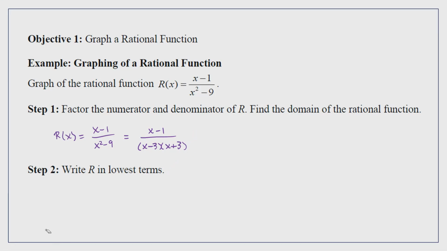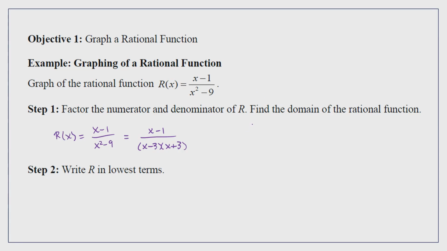The next part in this step is to find the domain of the rational function. The domain is going to be all real numbers except for the x values that make the denominator 0.